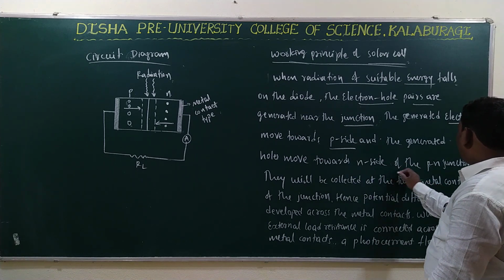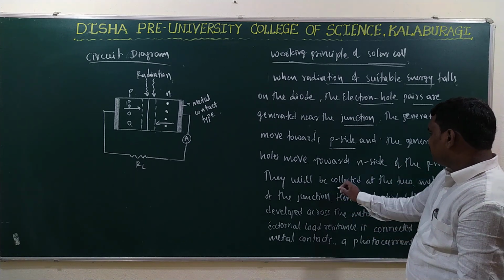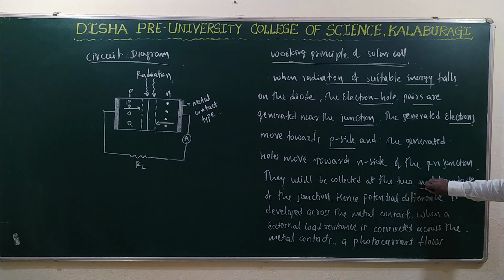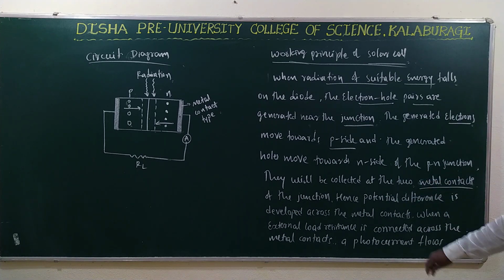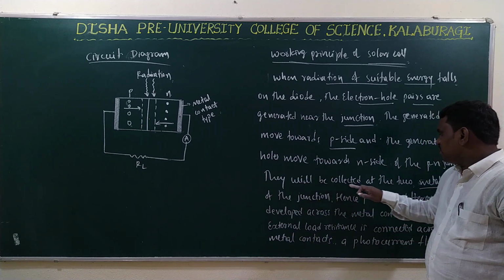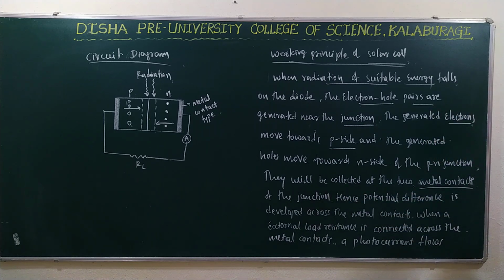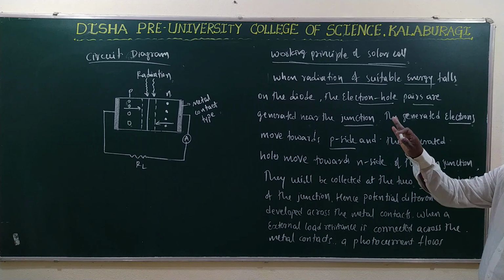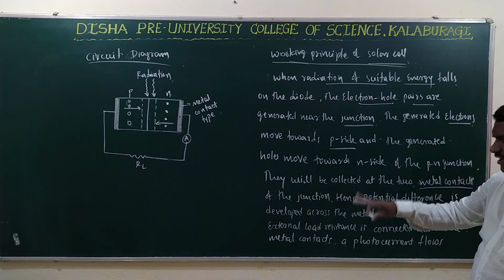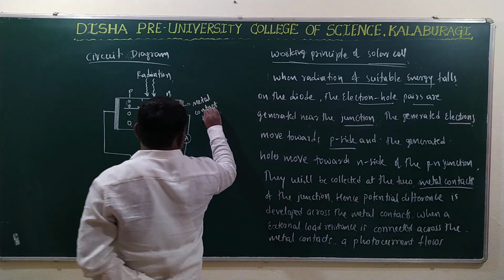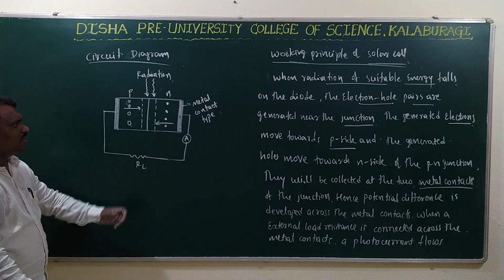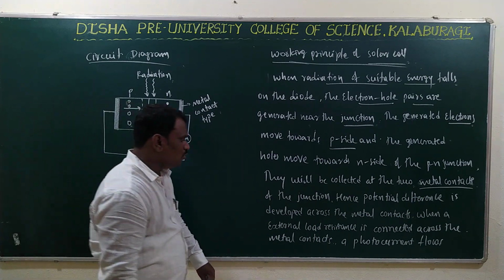Then they will be collected at the two metal contacts of the junction. From the two sides, the metal contacts collect the electrons and holes.